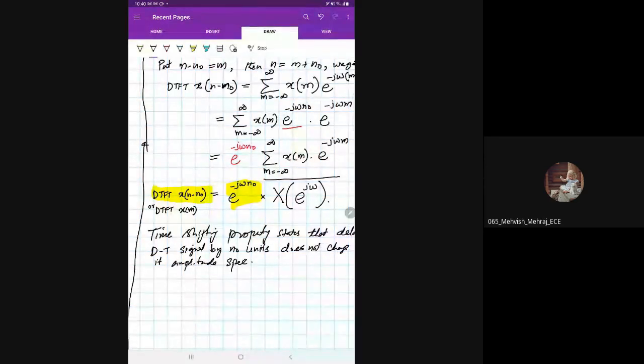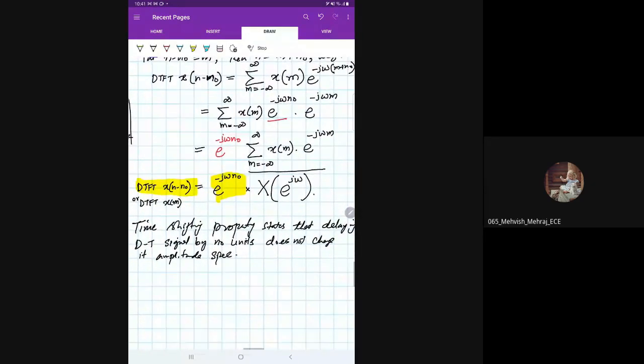However, it changes the phase spectrum. It changes the phase spectrum by how much?